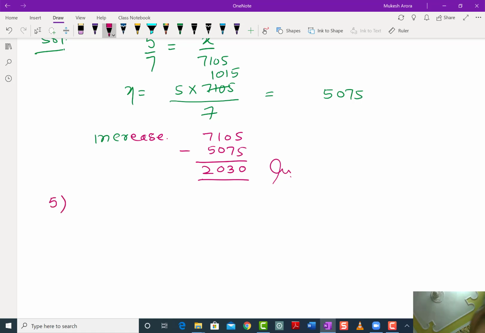Question number 5 is: divide 170 in the ratio 3:7.